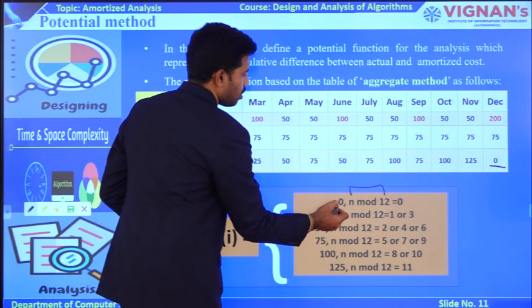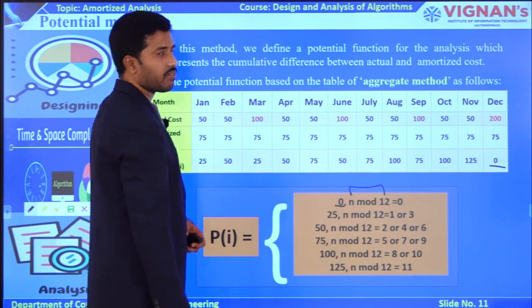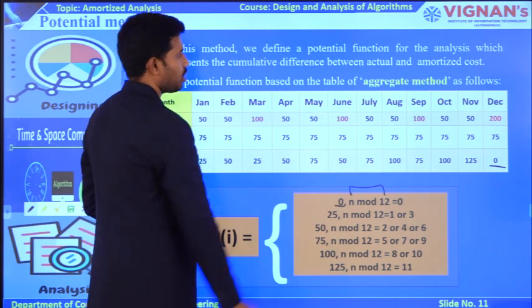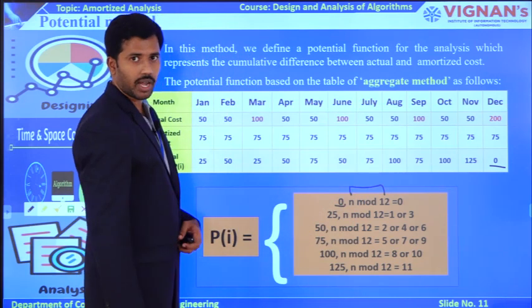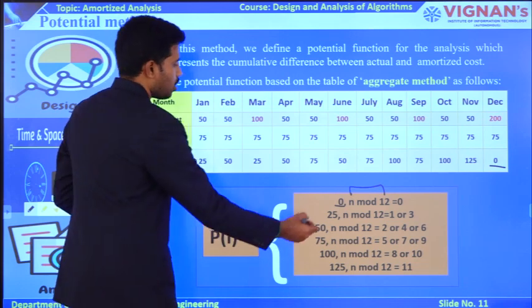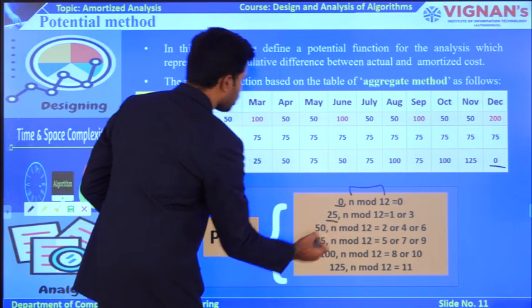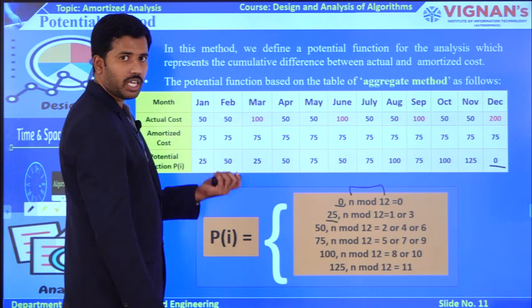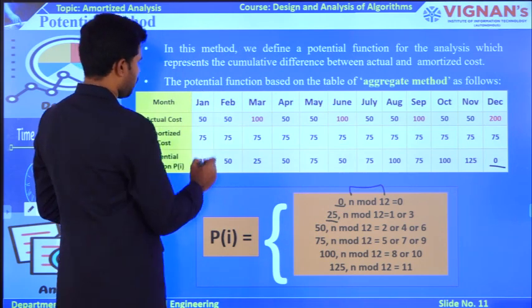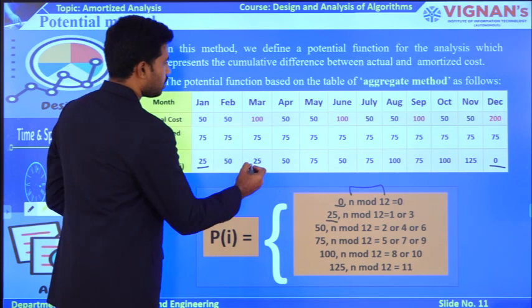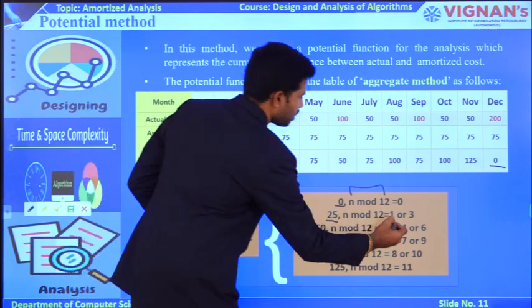So you will get the potential function value 0 for the remainder 0. Now you are getting potential function 25 for how many months? For the first month and the third month, right? That's why here it has 1 or 3.